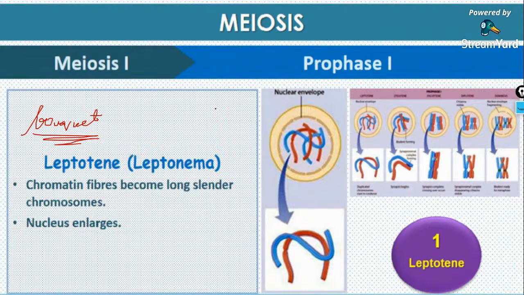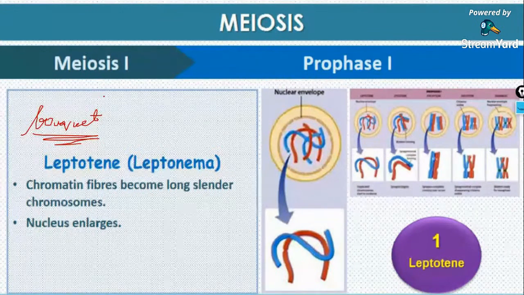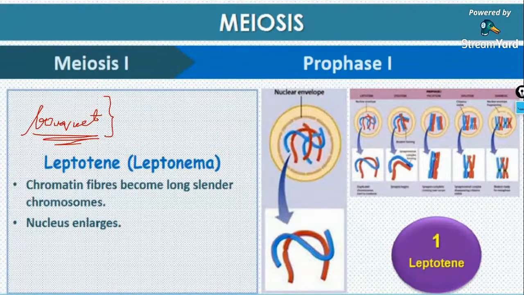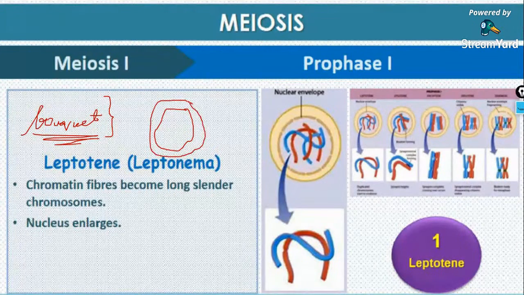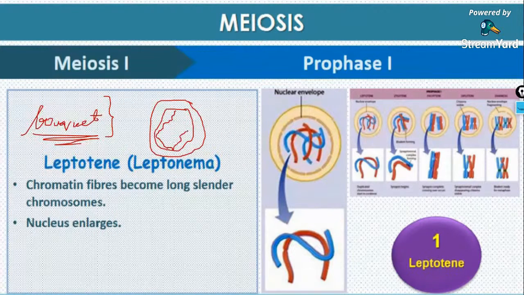So as a formal invitation, we give this bouquet. So the chromosomes form a bouquet arrangement in the leptotene stage. Look at this. These chromosomes are really curled.